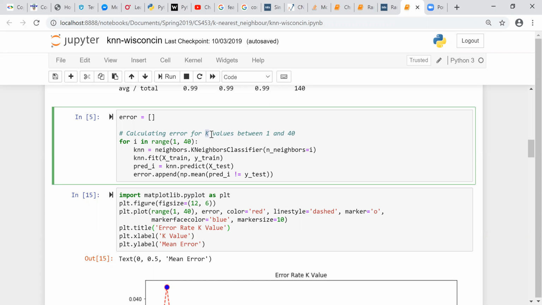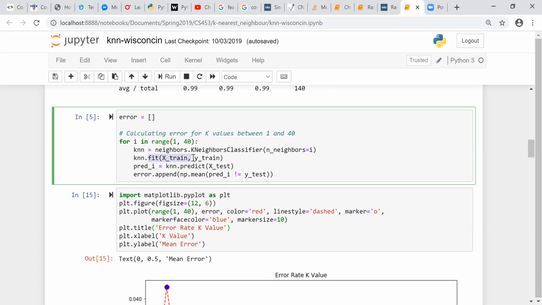That's your K number. How do we specify the number of neighbors? You assign the n_neighbors parameter with a specified number when you initialize the KNN object.